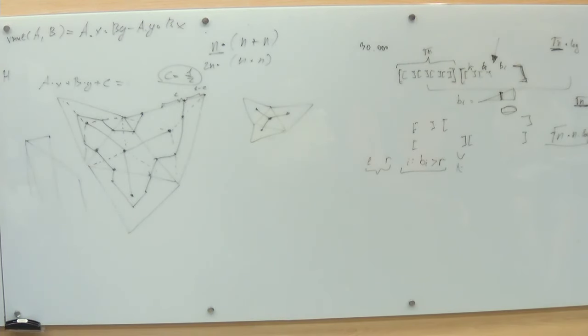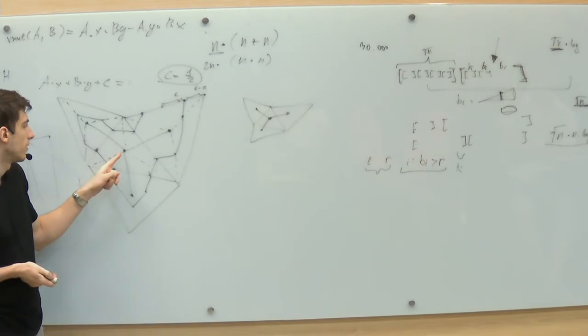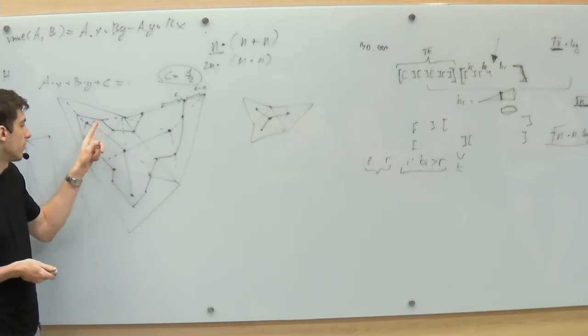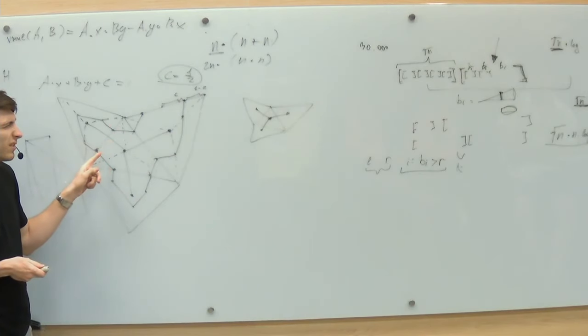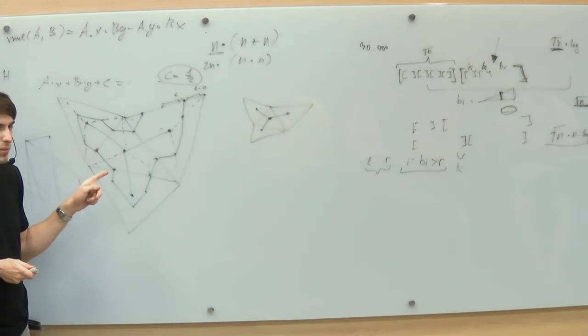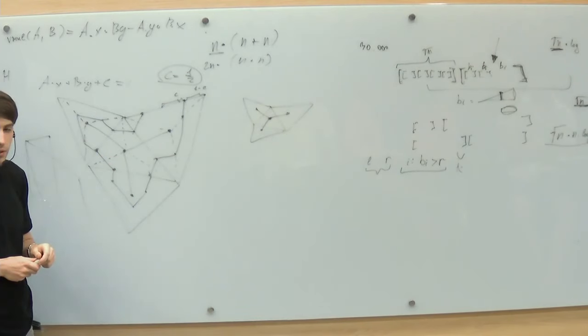Yes? The centers are the intersection of the medians? It's... I guess you can just take the average weight from all three vertices, like the arithmetic mean, and if I'm not mistaken, it will match the intersection of the medians.